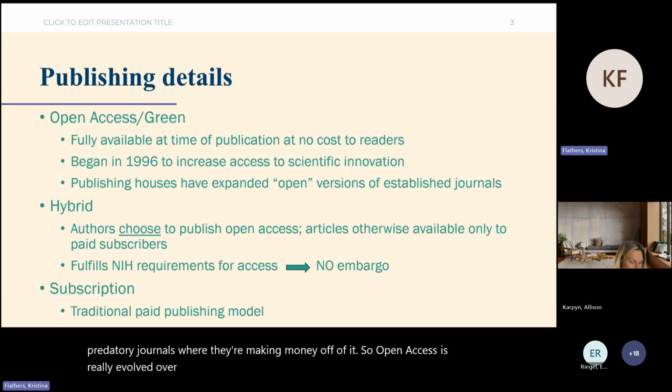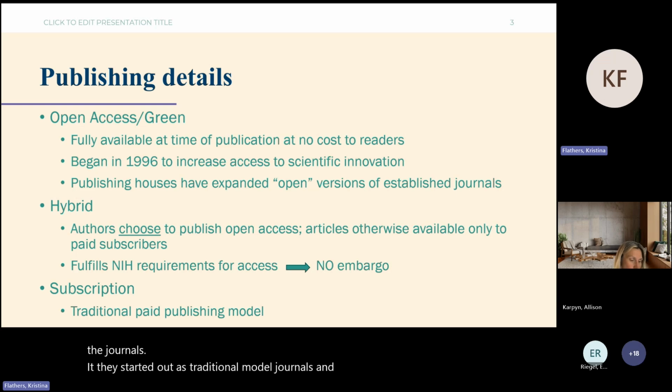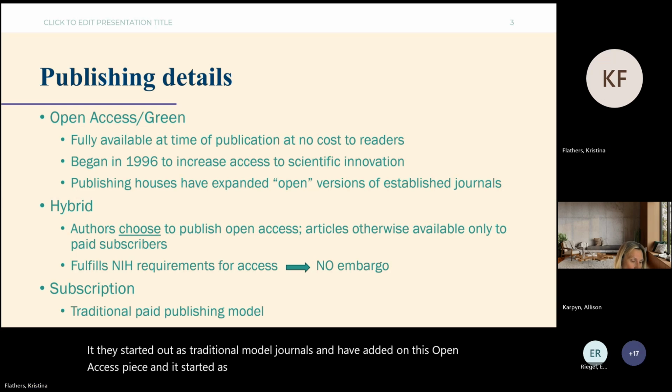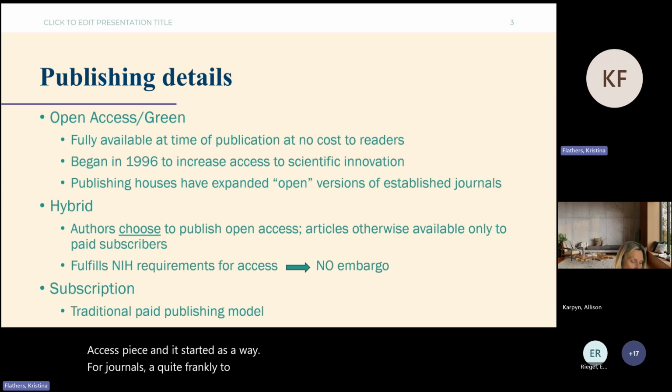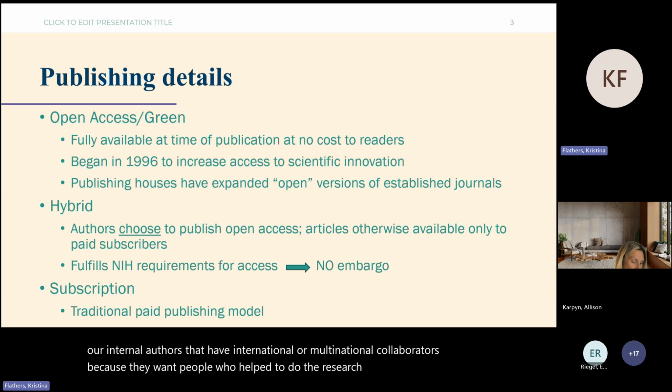Then we have our hybrid journals, and these are journals that started out as traditional model journals and have added on this open access piece. It started as a way for journals, A, quite frankly, to make money, but B, we see it with a lot of even our internal authors that have international or multinational collaborators, because they want people who helped to do the research and write the article to also have access.